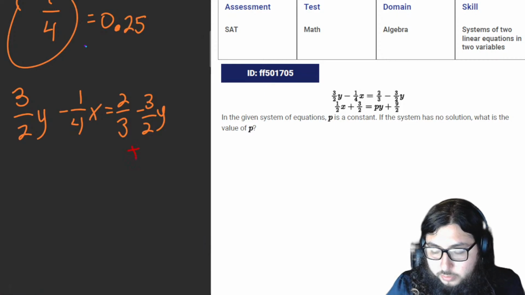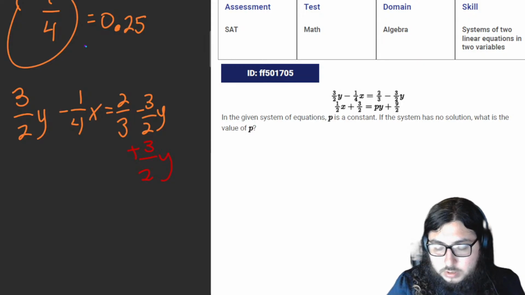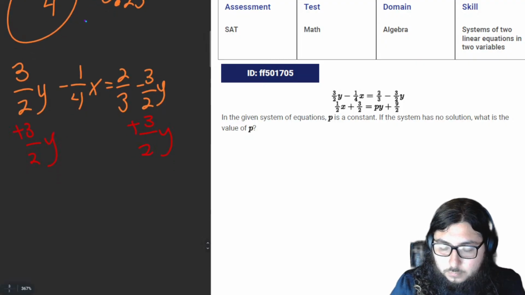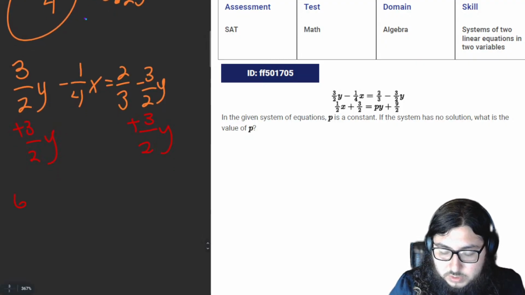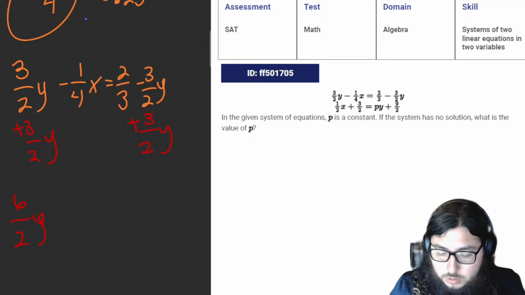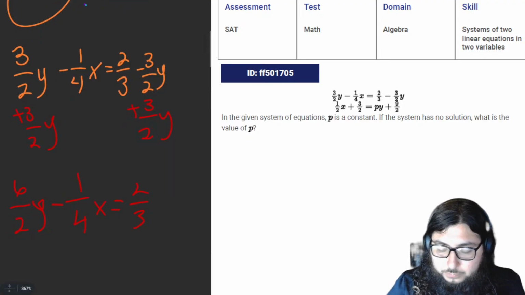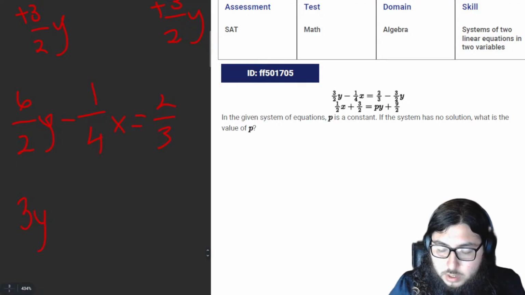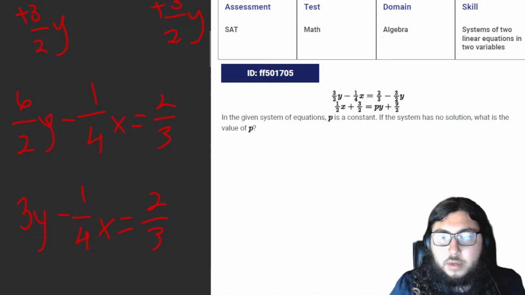Add 3/2 y to both sides, and then we get 6 over 2 y minus 1/4 x is equal to 2/3. This becomes 3y minus 1/4 x equals 2/3. 6 divided by 2 is simply 3.